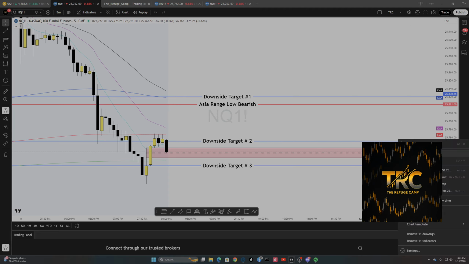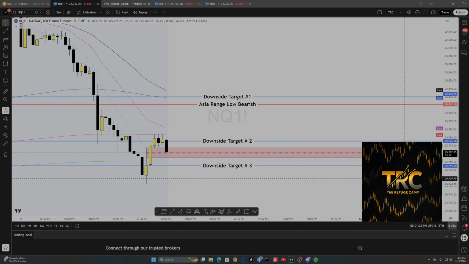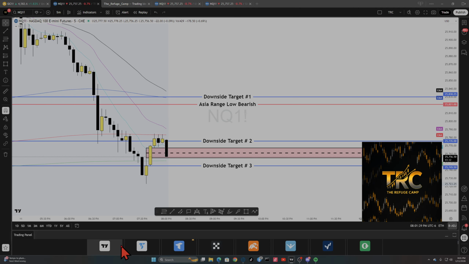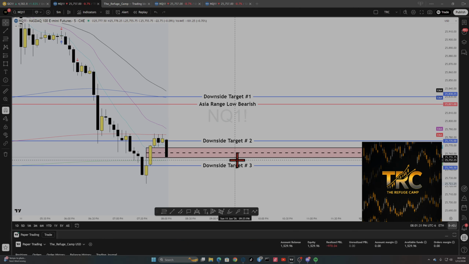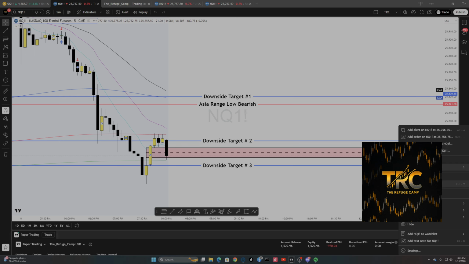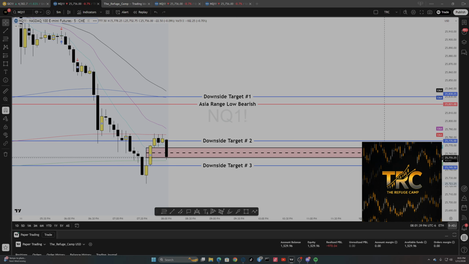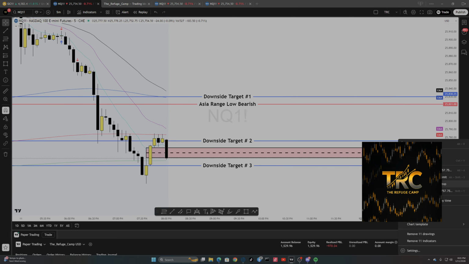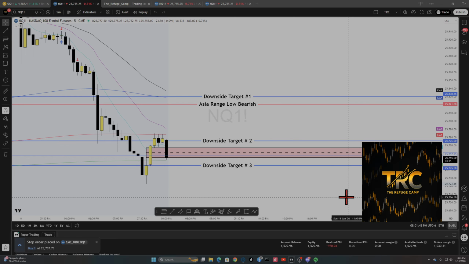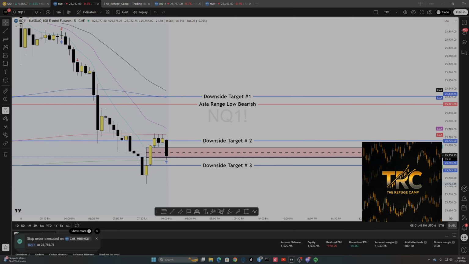So now, if I took a blind stab right here, right, and I added a buy order in this fair value gap, either at the 50% or bottom, without confirmation, we are now in the trade.